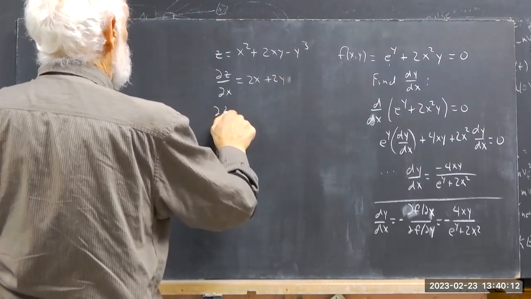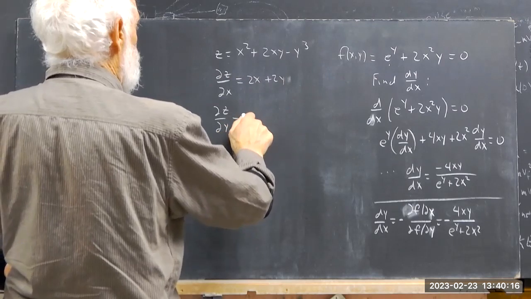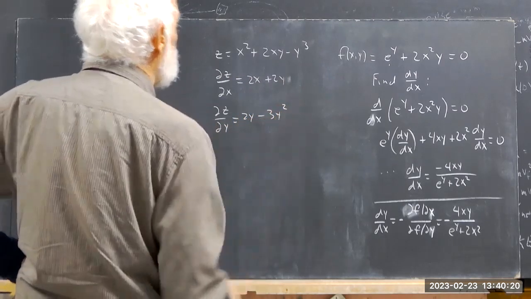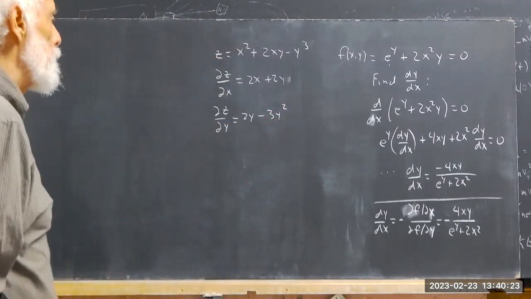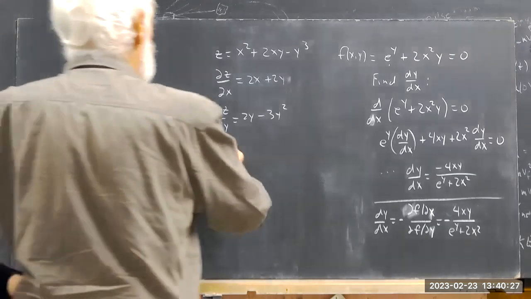And the partial z with respect to y is 2y minus 3y squared. Okay, I think I did that right.